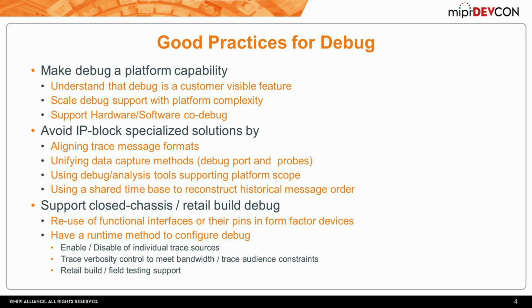And if there's a debug supporting infrastructure on the device, this should not only be available to hardware, but also to software agents to allow software-hardware co-debug. If you don't consider debug a first-class citizen on a platform, you will basically increase development cost and probably time to market for your customers.